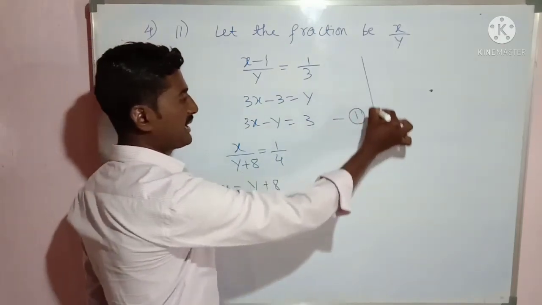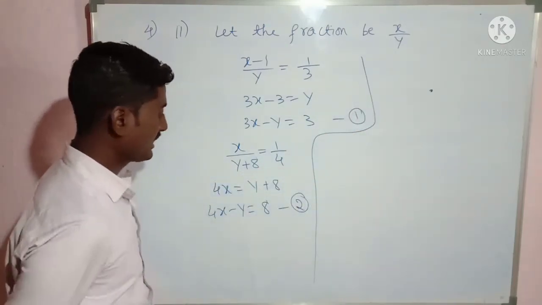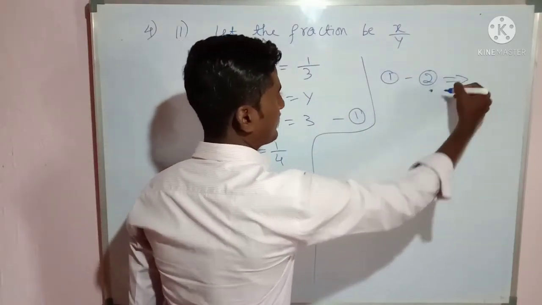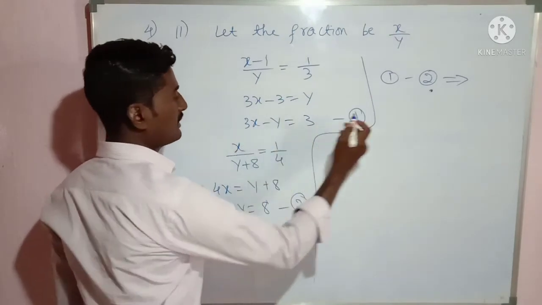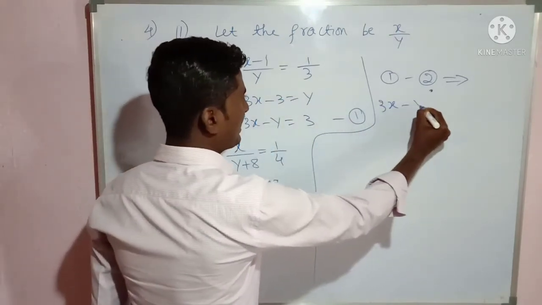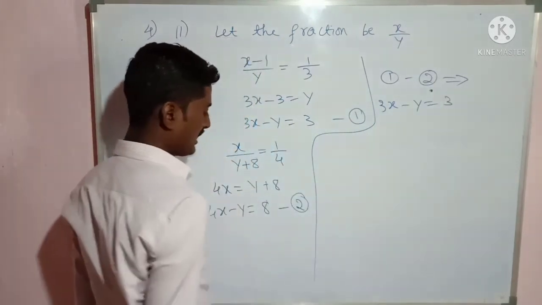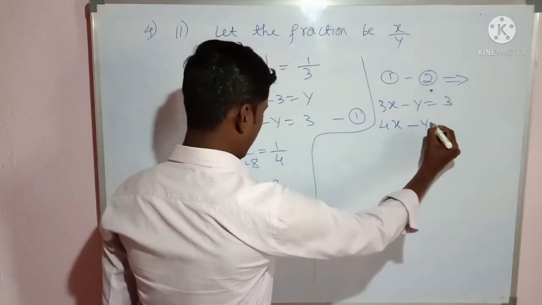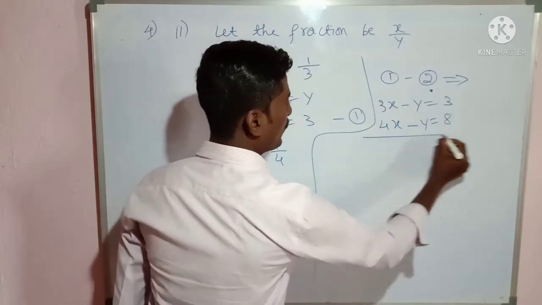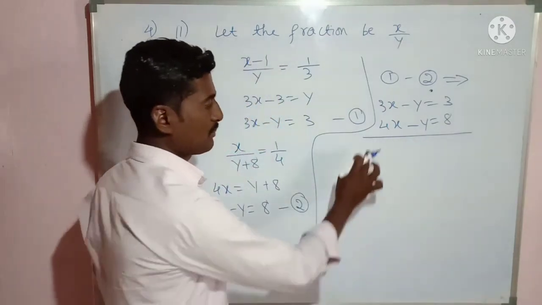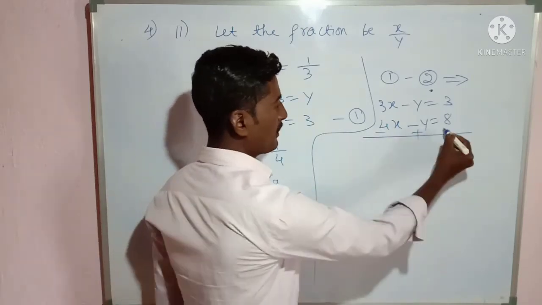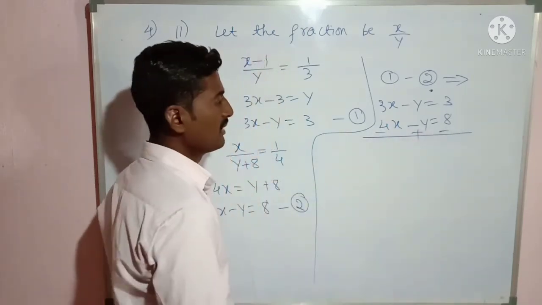So equation number 1 minus equation number 2: 3x minus y equal to 3 and 4x minus y is equal to 8. We are subtracting these equations.